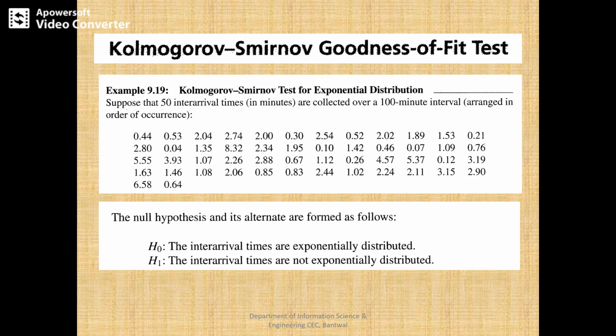Here the interval is 0 to capital T, 100 minutes. The interval times capital T1, T2, T3 and so on are exponential if the arrival times are uniformly distributed on the interval 0 to capital T. The arrival times are T1, T1 plus T2, T1 plus T2 plus T3, T1 plus T2 plus T3 plus T4, and similarly up to 100.